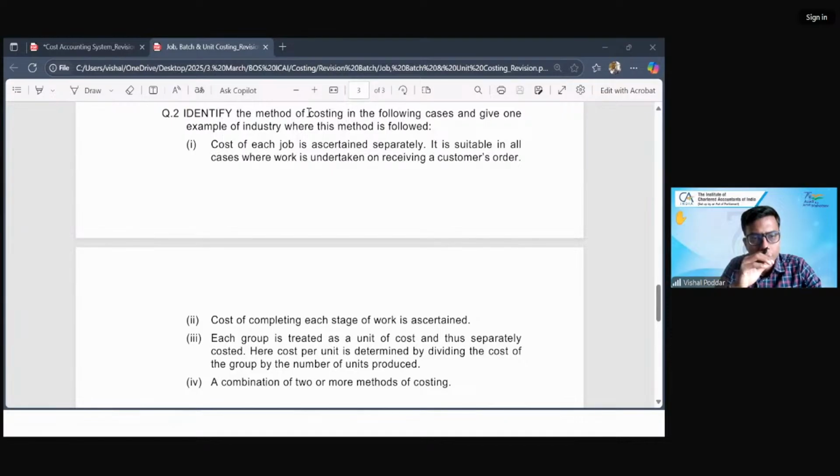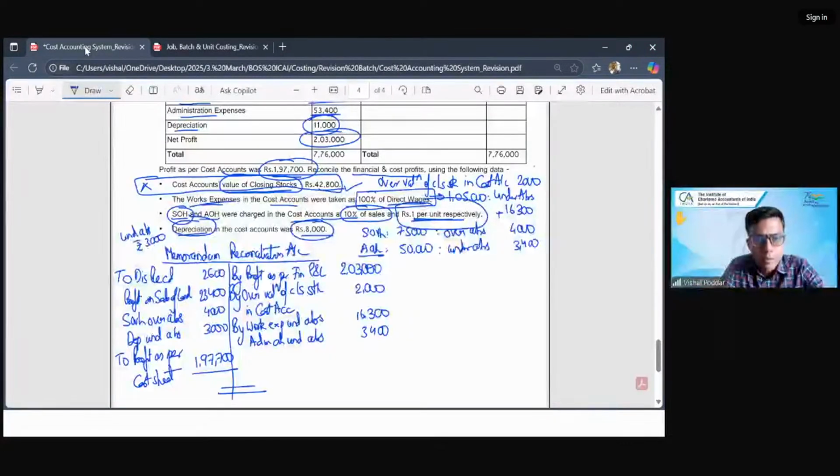Anurag is saying you have taken depreciation on debit side. Okay, so you mean to say it should come on the credit side. See, under absorption is there. So under absorption is coming on the debit side only, Anurag. See, when I'm saying expenses are under absorbed, it means in costing you are putting the expenses as less. So what will happen?